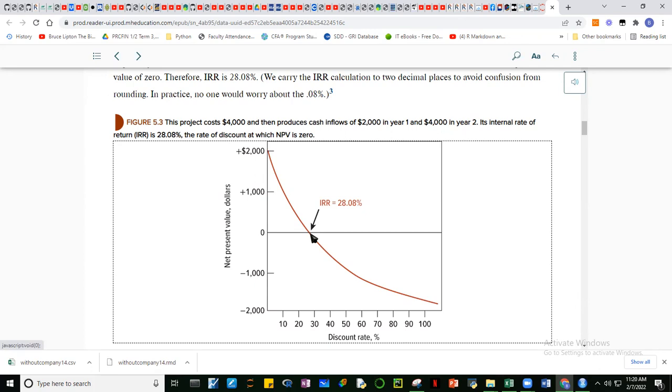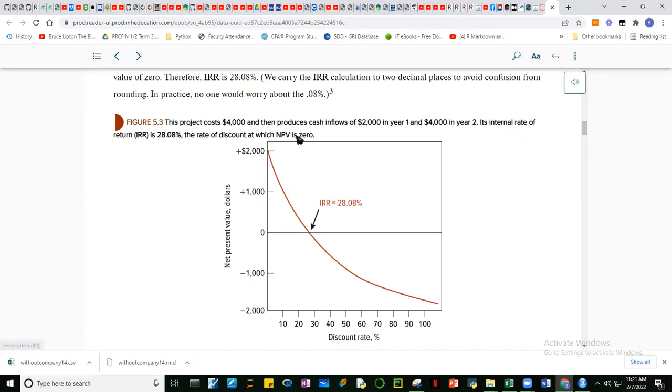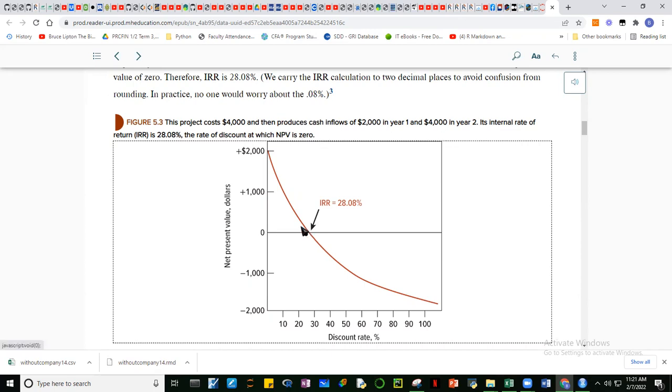Okay, so when is a project feasible? A project is feasible when the IRR is less than, when the IRR is less than the weighted average cost of capital. And greater than pala, sorry. In other words, the IRR guys should be greater than your WACC. Bakit?